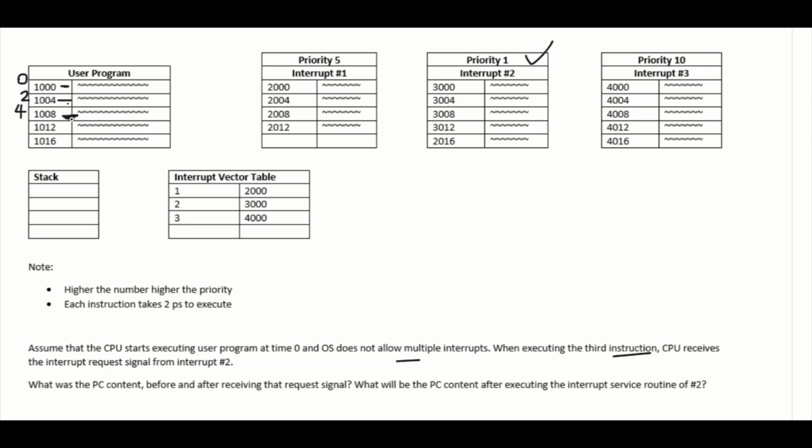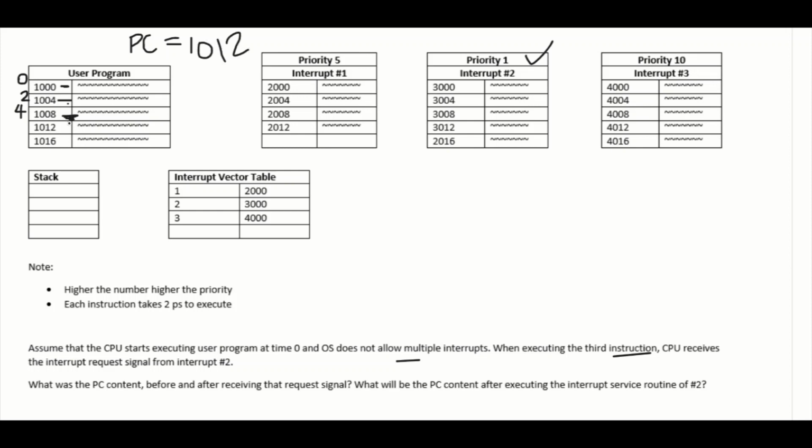While it is executing the third instruction, as we already studied, there is a register in the processor called the program counter. Normally it contains the address of the instruction the CPU has to execute next.